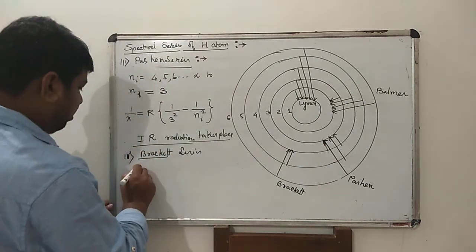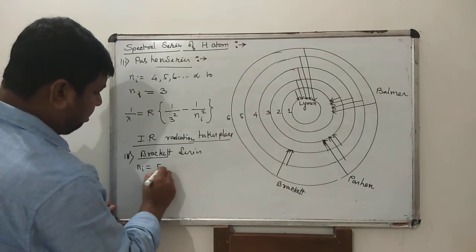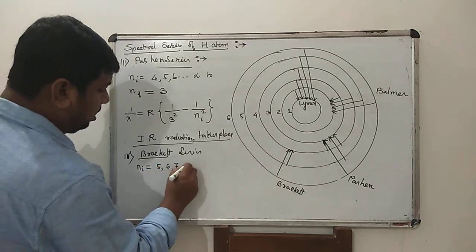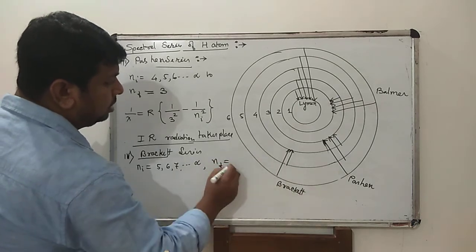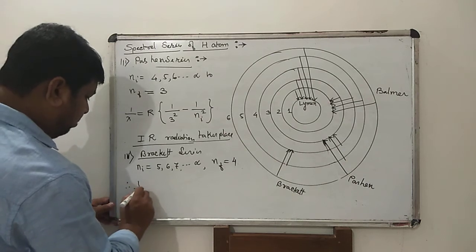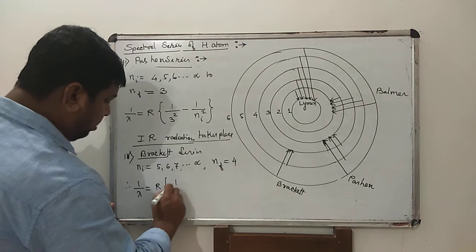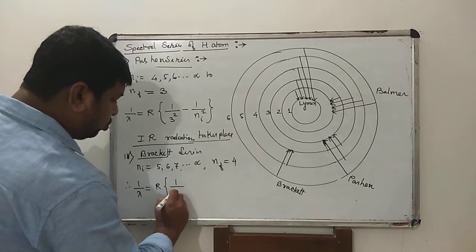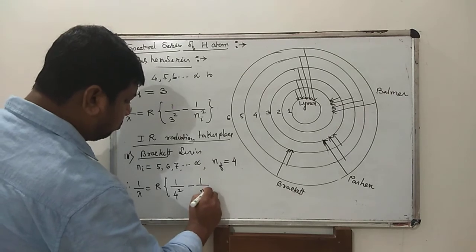Okay, so here Ni equals 5, 6, 7, infinity to Nf equals what? This is 4. So 1 by lambda equals R times (1 by 4 squared minus 1 by Ni squared).